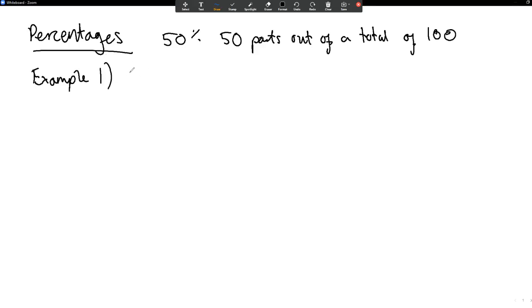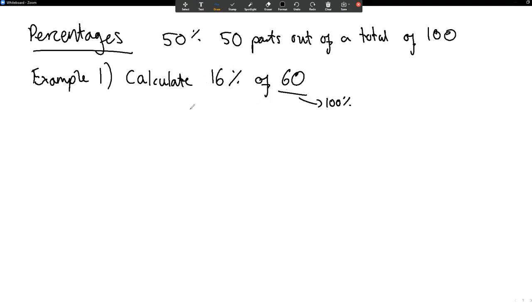So let's calculate 16% of 60. So now we need to think that 60 is our 100%, right? And we want to calculate 16% of that.